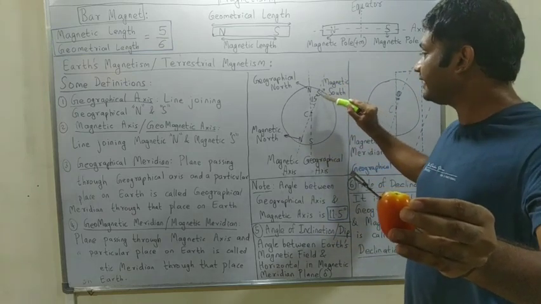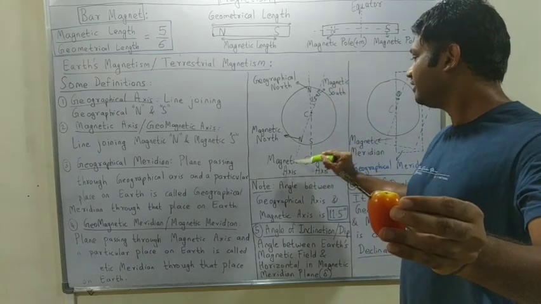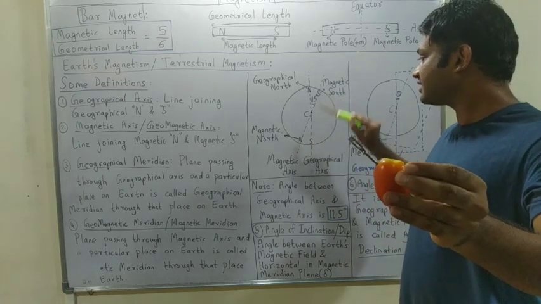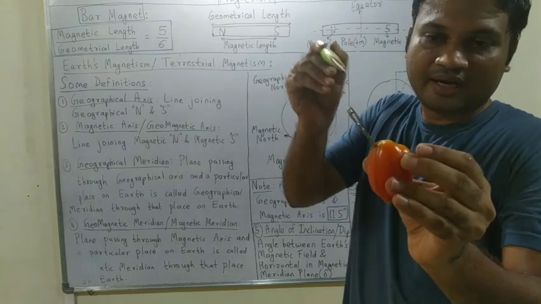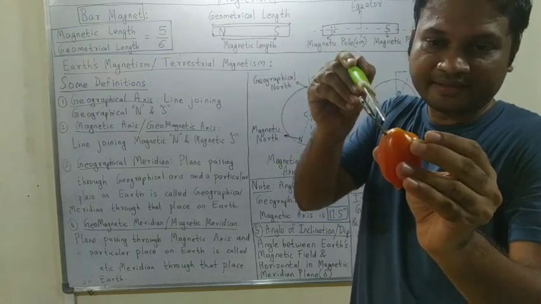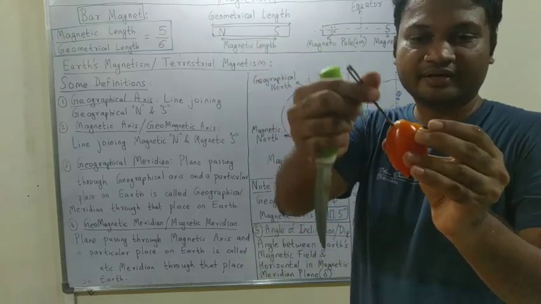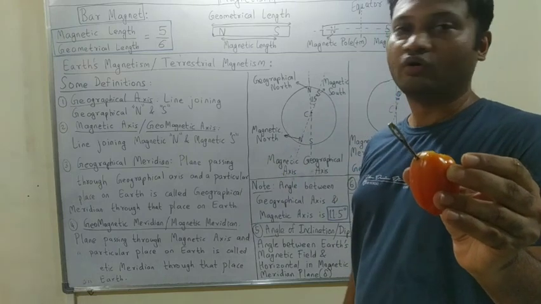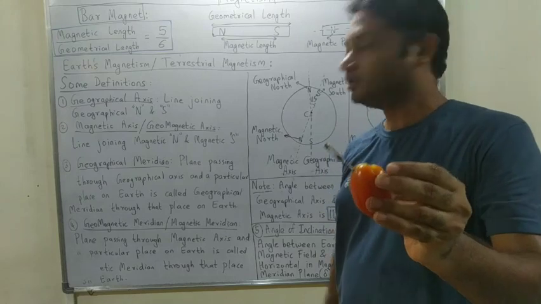The line passing through magnetic south and magnetic north of the earth, which is this line, is called the magnetic axis of earth. Now consider the next definition, which is geomagnetic meridian.